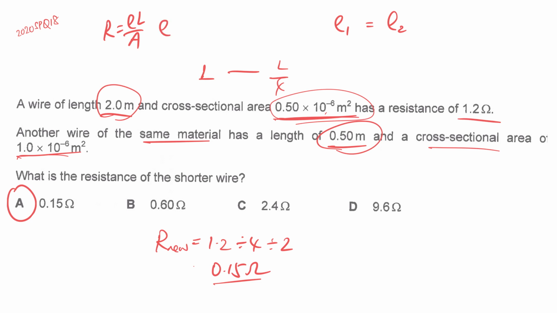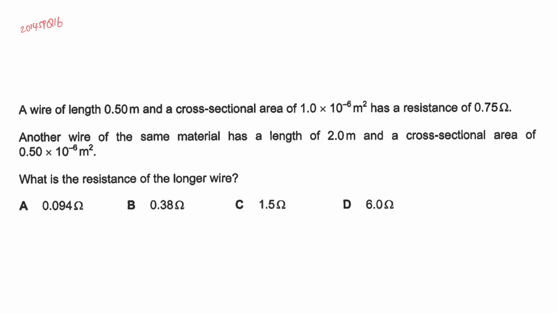So if you rearrange, rho equals R A over L. In other words, the resistance of 1 times the area of 1 over the length of 1 equals the resistance of 2, which is the unknown that you want to find, times the cross-sectional area of wire 2 over the length of wire 2. So basically you just sub in the values to find the unknown R2. You can use the formula if you want to, but I think it's a bit more tedious actually, so up to you. This question is almost identical to the previous one.